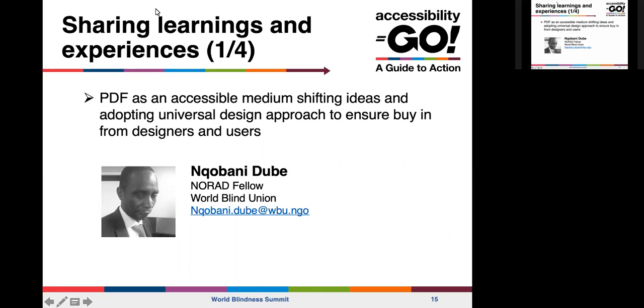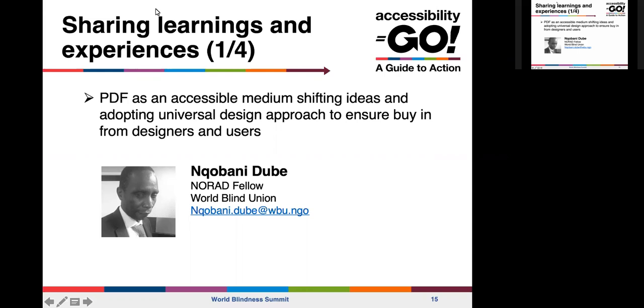Designers of most documents usually overlook those accessibility features, and that is the one that really turns people against particularly the PDF, because people cannot manipulate the content within the PDF format.